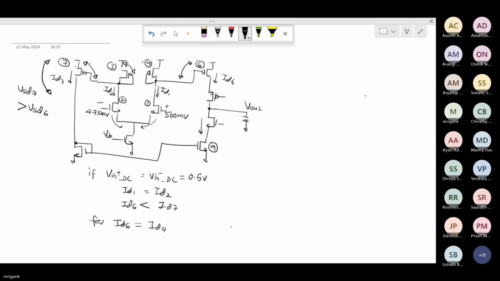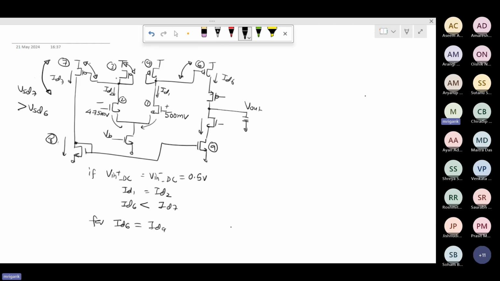Because now the gate voltages of VSG 6 and 7 are same, but the current in M9 in order to be equal to M6, and especially the current in M3 is lesser because the current in M3 is same, but because of the lower channel modulation, M7 current is coming higher. As a result, the current in this transistor, maybe we can call it M8, the ID8 transistor that is getting higher current, which is equal to the 7th current.